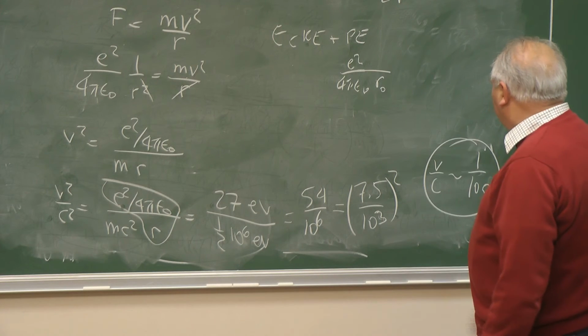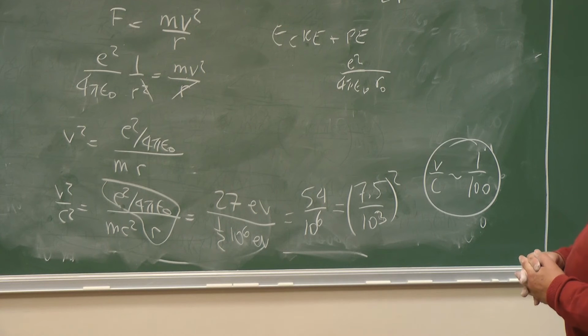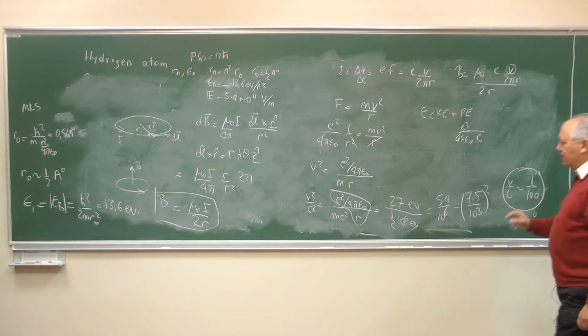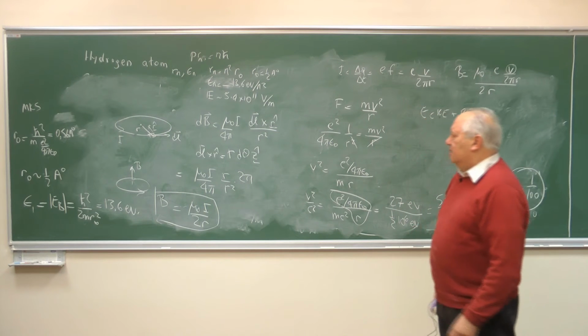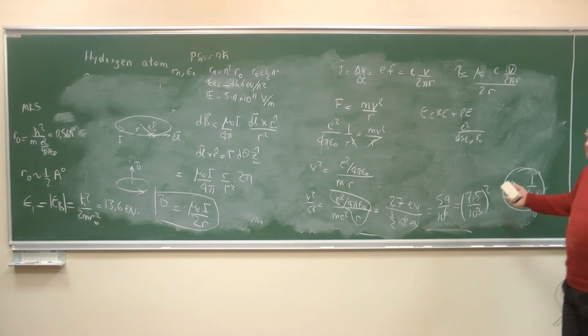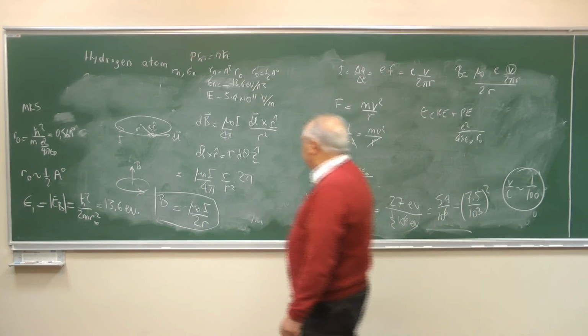So the velocity of the electron in the lowest energy state is about 1/100th of the speed of light. The question is this: well, it is very much faster than the rocket speed and all that. The thing is that, is our electron relativistic? Is 1 over 100 indicating relativity?